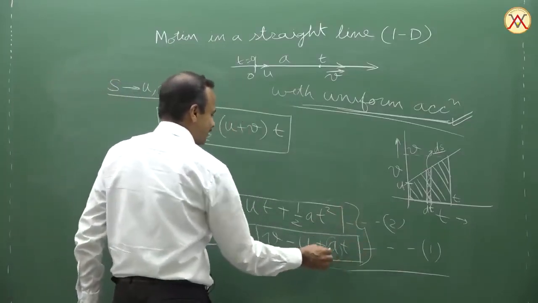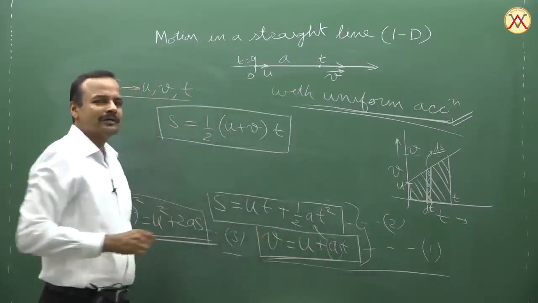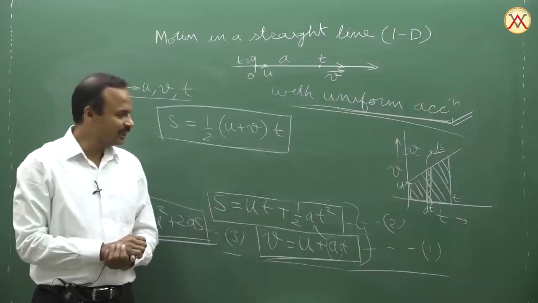That means you can get the value of A from equation 1 and put it here. That will also give you this relation.